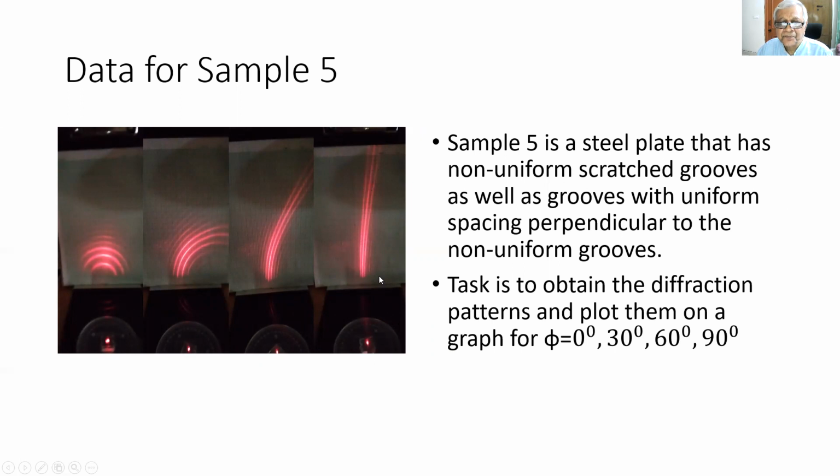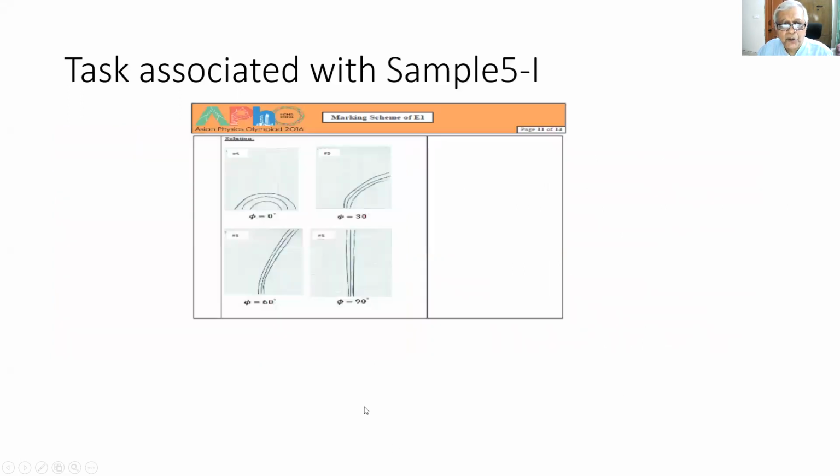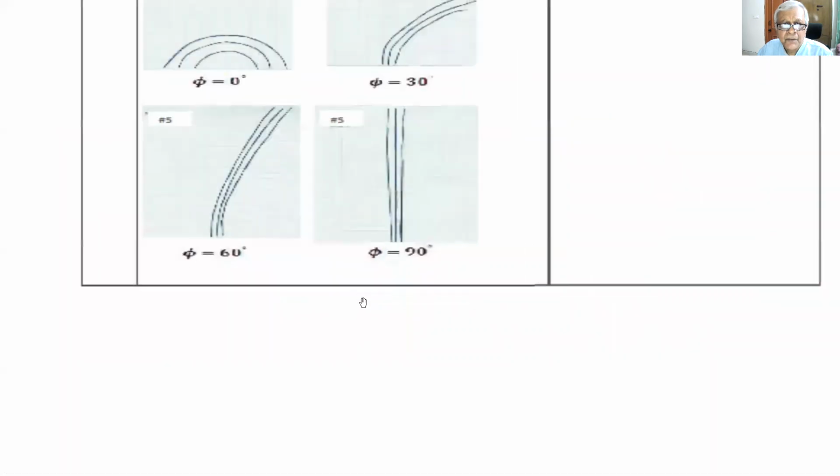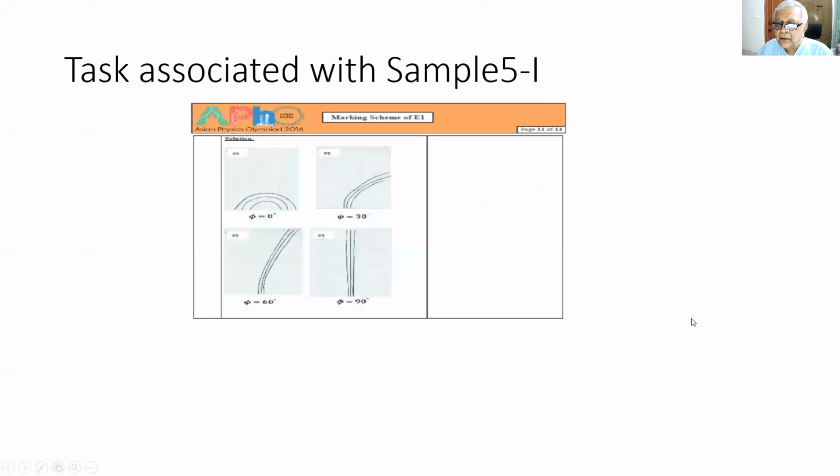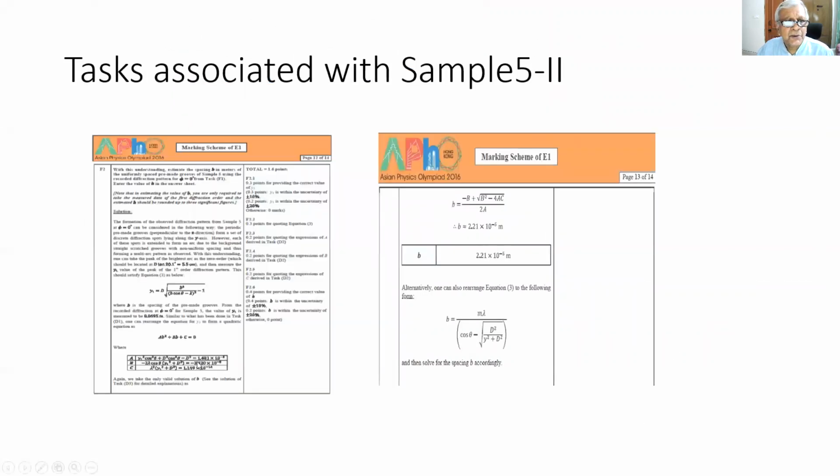So these are plotted out here. These are the points that you see. These are continuous graphs out here.